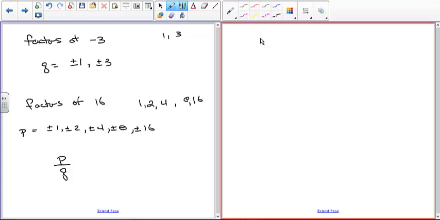So we'd have plus 16, plus 8, plus 4, plus 2, plus 1, and with that you can either have 1 as the denominator, or those same numbers in the numerator, but the denominator being 3.